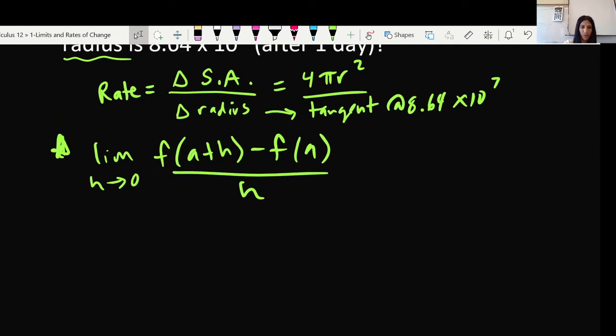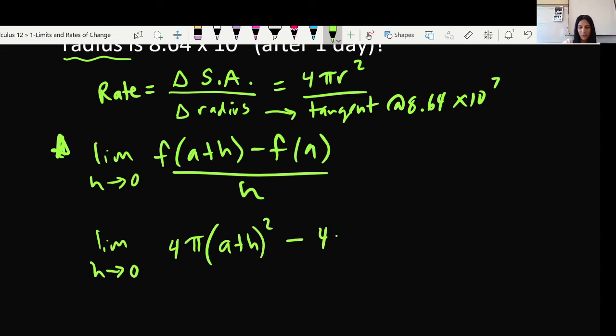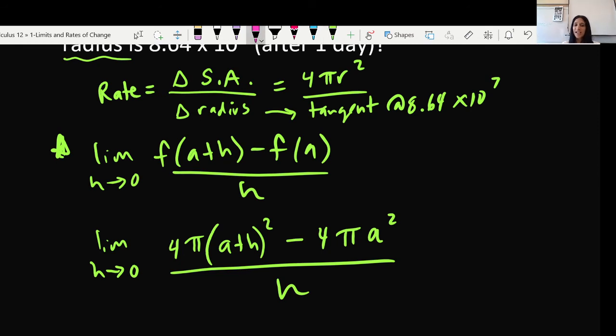So taking a look at what we're working with here, the limit as h approaches 0 for 4 pi, and instead of r, I'm going to have a plus h squared minus 4 pi a squared all over h. And I didn't color code it, but I'm going to do this time for my sanity, because the color coding takes a lot of thought.